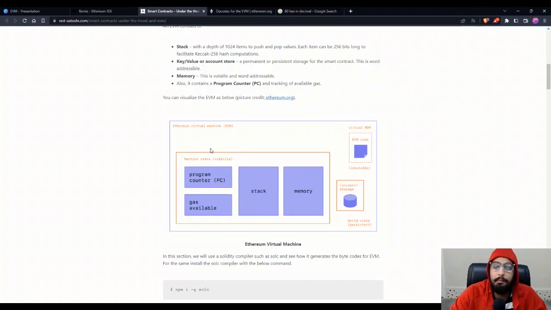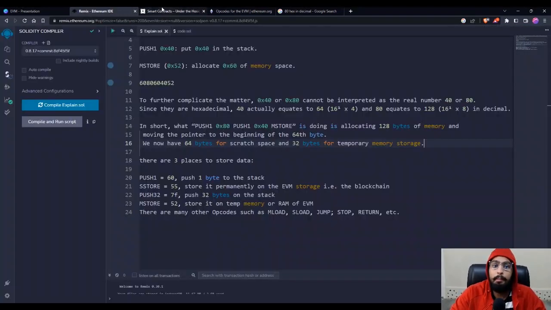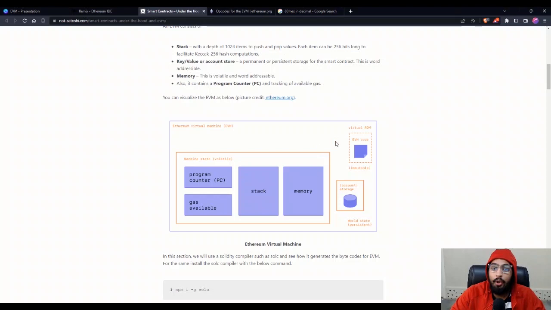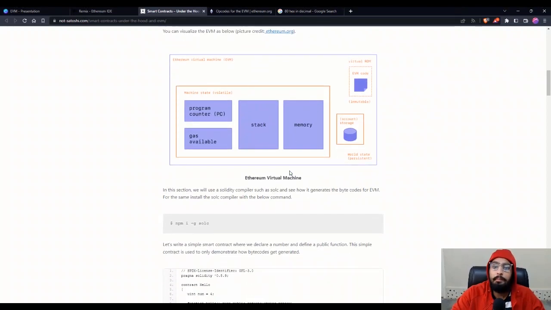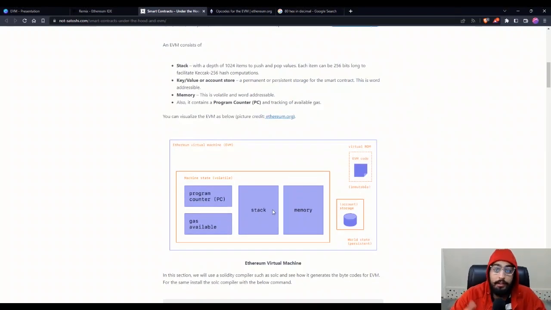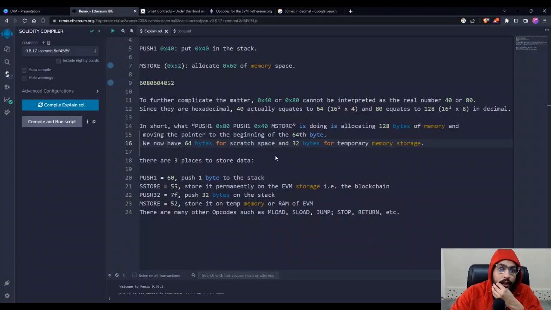So we have these 3 places: stack, memory, and call data. Call data is not available here, but we have discussed it if you remember. Okay, so there are three places where you store the data. One is push, so push1 to the stack, right? This is what it is doing, the push1 0x60.